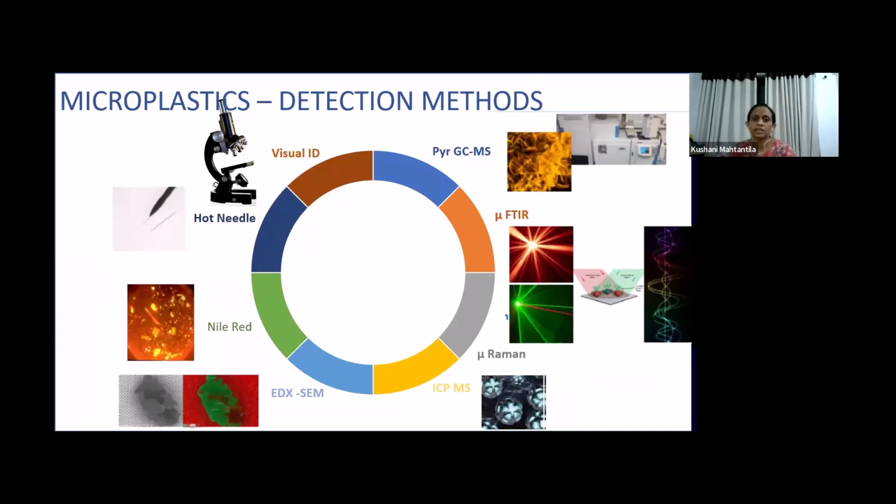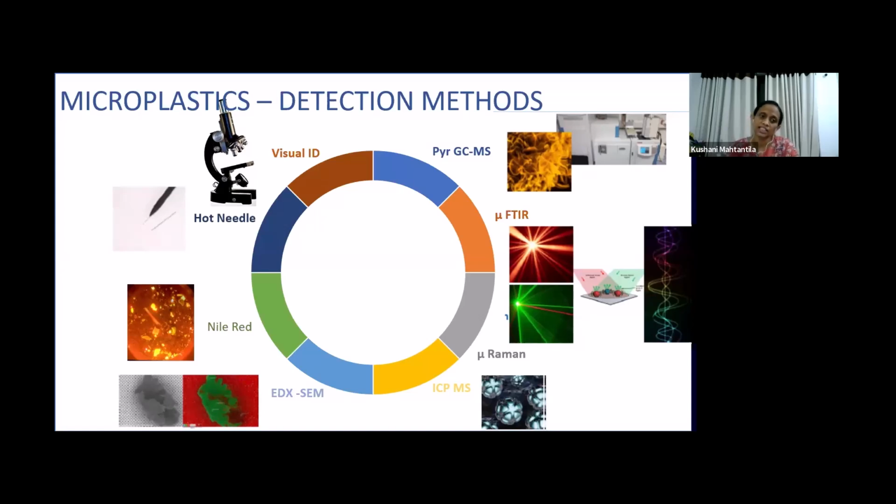So when we consider the detection methods, the first microplastic analysis in 2004 reports visual identification under a stereo microscope or optical microscope. When the particles cannot be identified accurately, then researchers have used a hot needle, at around 130 degrees Celsius, to see whether the particles melt or not.